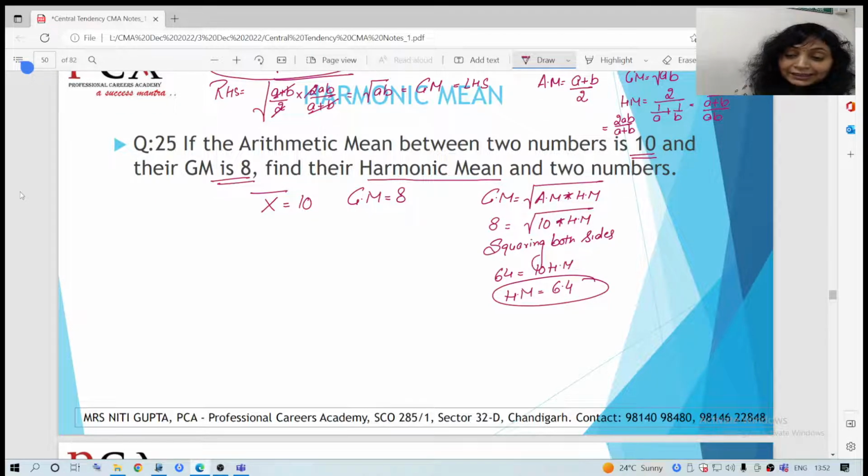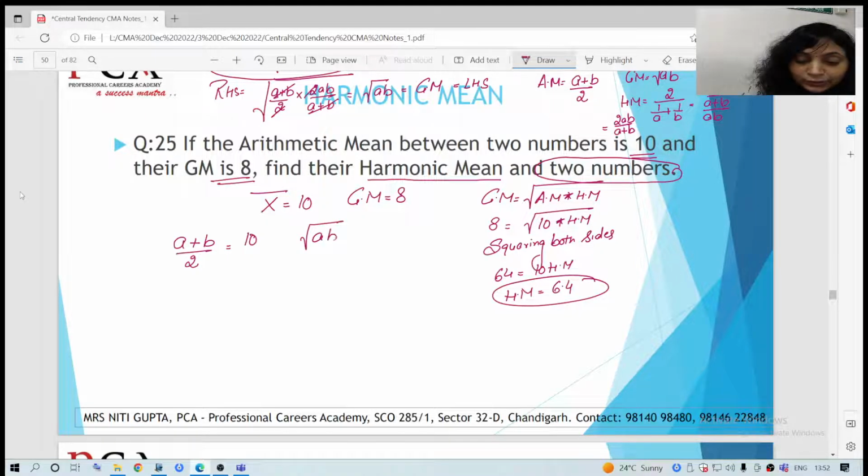Now the next case is you have to find out the numbers as well whose arithmetic mean is 10 and geometric mean is 8. I have told you that arithmetic mean is (a+b)/2, that is equal to 10, and geometric mean is the square root of ab, that is equal to 8. So I have got two equations: a+b equals 20, and squaring both sides, ab equals 64.